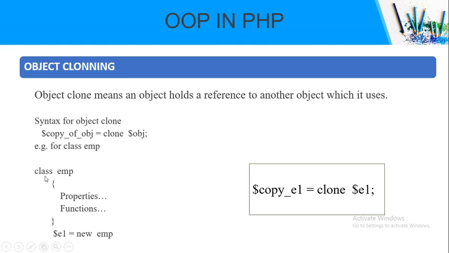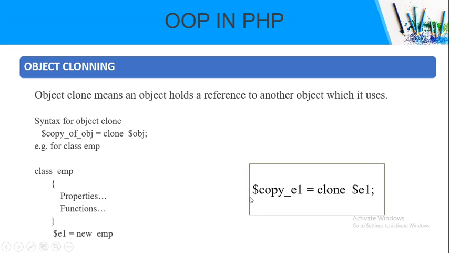Again, class emp, then you can define the class code, properties and functions, whatever you want, and then declare or create the object $e1 equal to new emp, with opening and closing brackets.